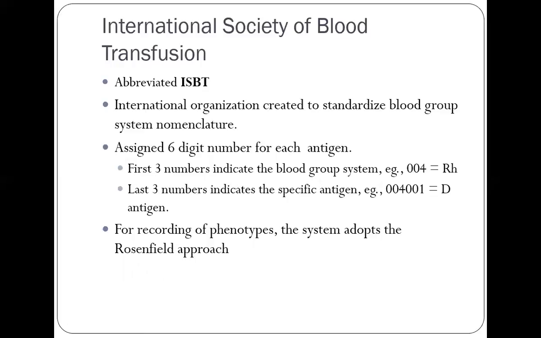The assigned number of the Rh blood group system is 004, and then the remaining 3 numbers correspond to the Rosenfield system. So for example, the ISBT number for the C antigen is 004002, and you can see here the 1 is associated with the D antigen. For recording of phenotypes, the system will follow the Rosenfield approach.